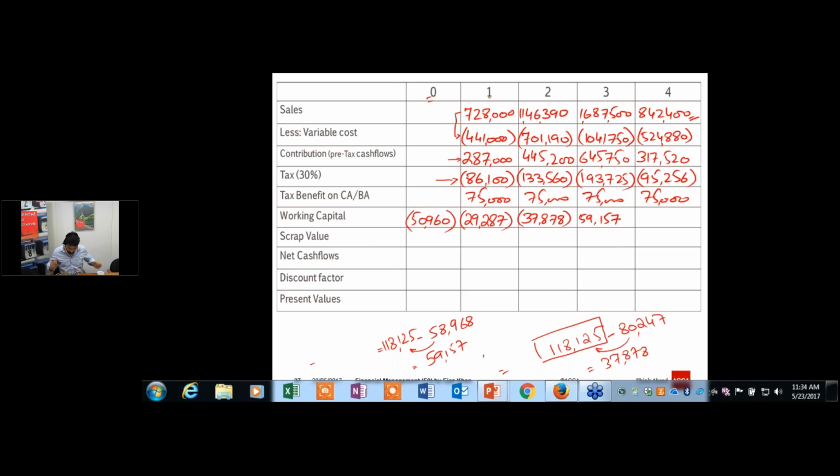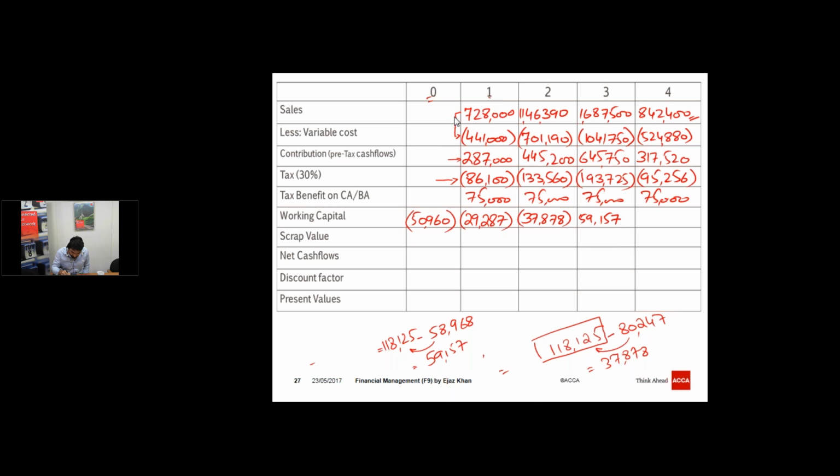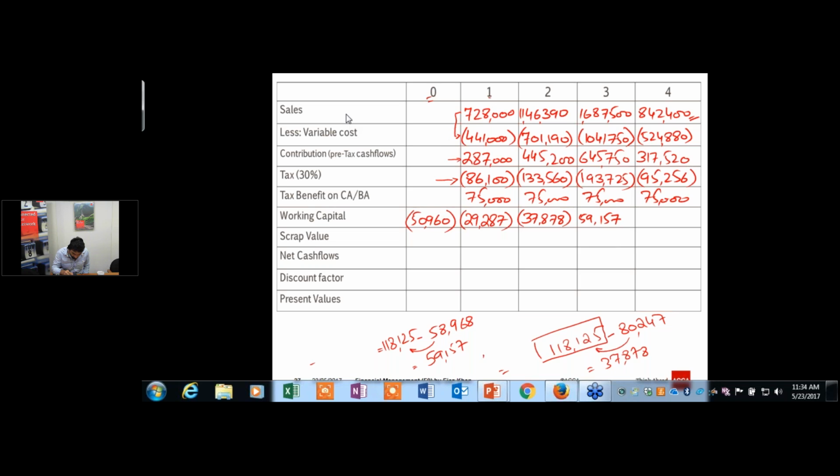Okay. For the last year, what we have to do is remember working capital is a bit different from the expenditures. It's not expense, it's a capital, and we all know capital stays in the business. So for the last year, we have to recover the whole of the working capital we invested.